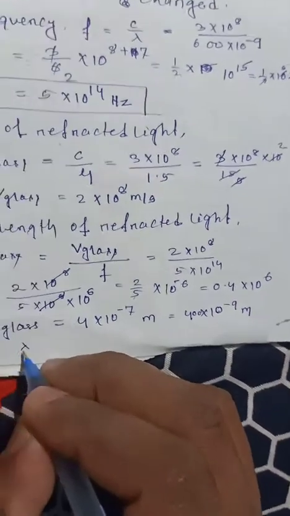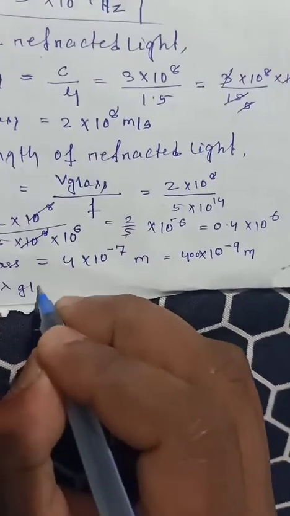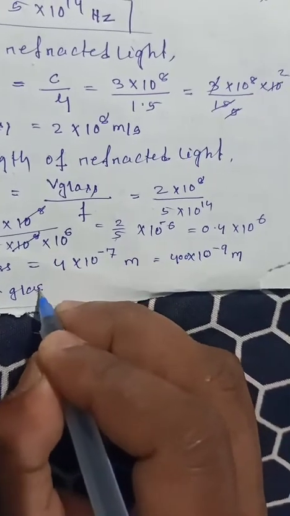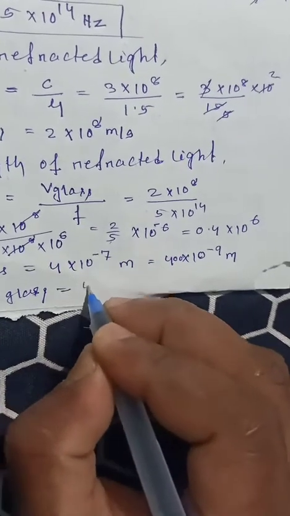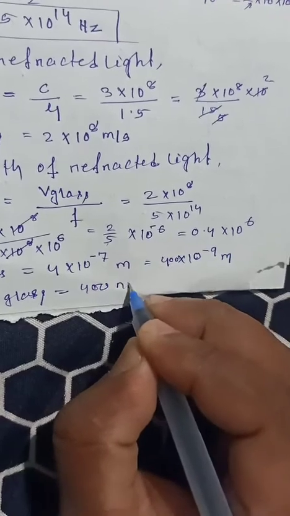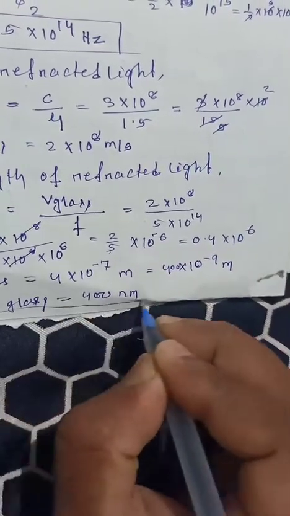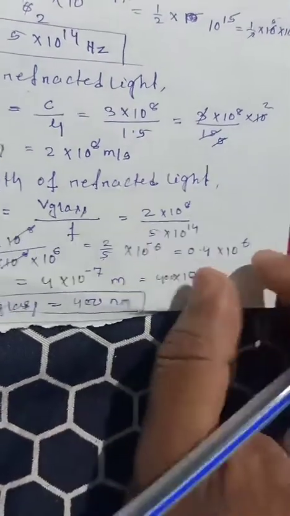So lambda glass is equal to 400 nanometer.